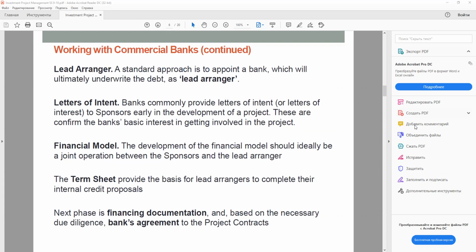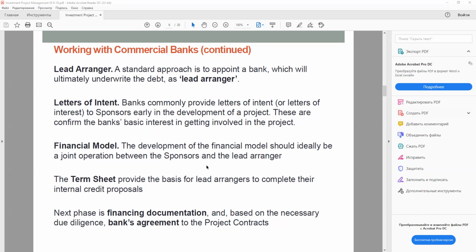So it's an iterative, repetitive process, but shrinking in terms of the variety of details to be discussed, finally leading to one common single set of documents to sign.